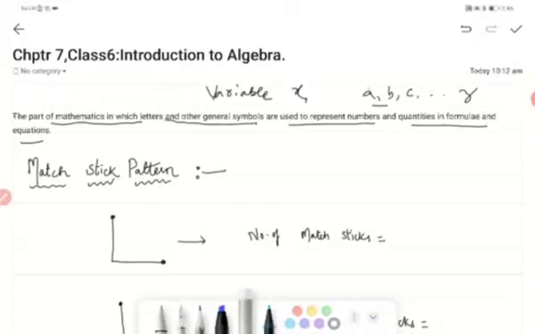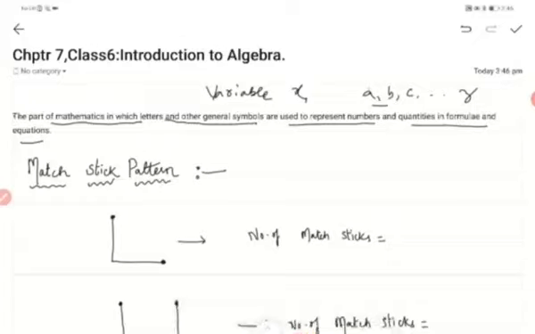Alright, let's see one by one how exactly these variables are used. Let us first learn patterns. Suppose I want to create a matchstick pattern of the letter L. If I want to make an L shape with the help of matchsticks, you can do it practically.